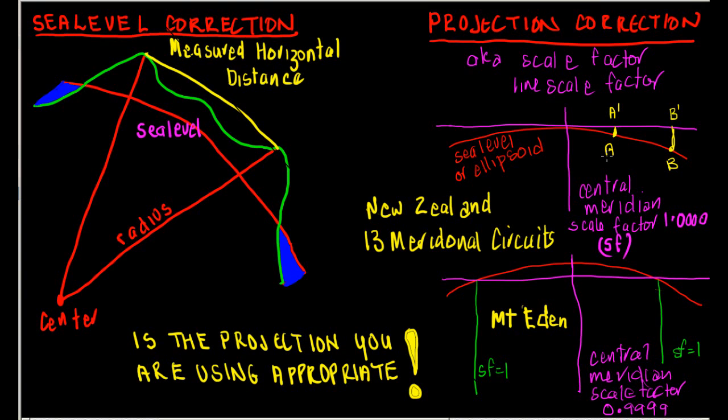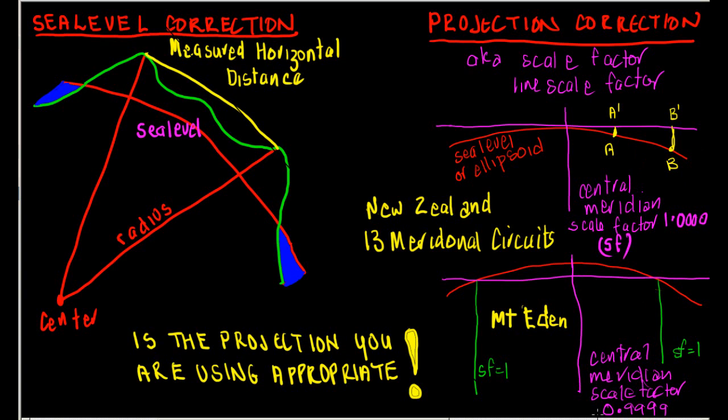However, in 2 of our meridional circuits, Mount Eden and North Taieri, we have a slightly different situation. Because of their large extents east-west, these particular meridional circuits have a different scale factor on the central meridian.